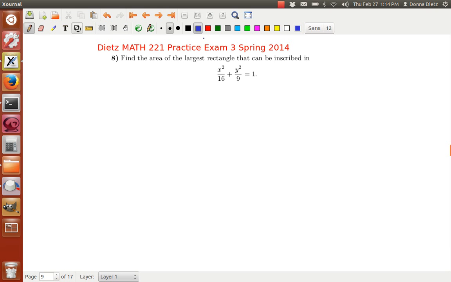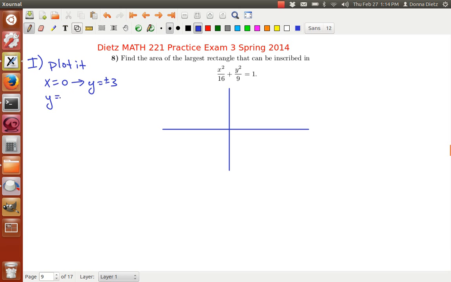Okay, so first of all, let's draw ourselves some axes. And so first, plot, and if x equals 0, that implies what? y is equal to plus and minus 3, because we have this nice format for the ellipse that lets us see this easily.